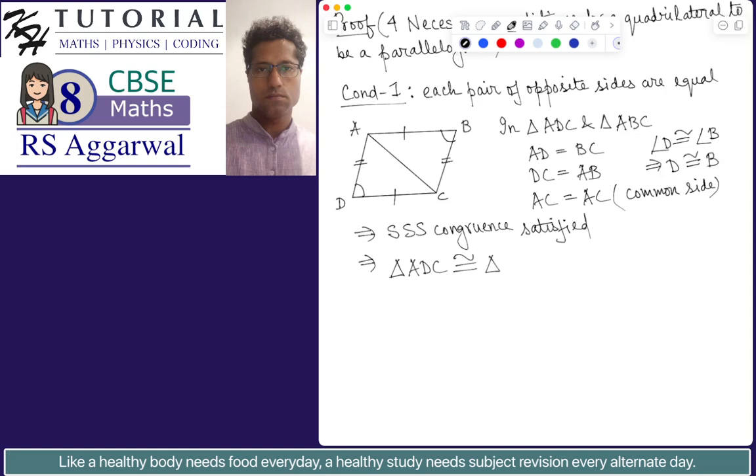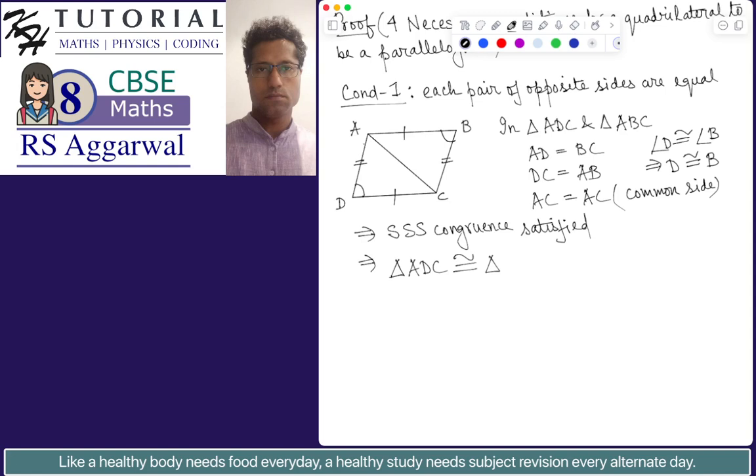B. Okay. Now you take any other two sides of the triangle ADC. So AD is equal to BC we know, and let's say AC is equal to AC. What is the angle included between the sides AD and AC?